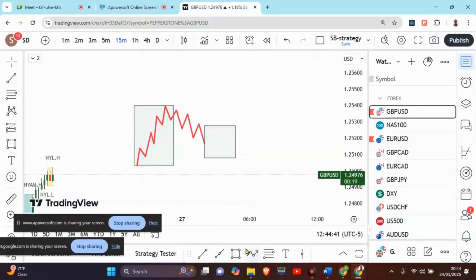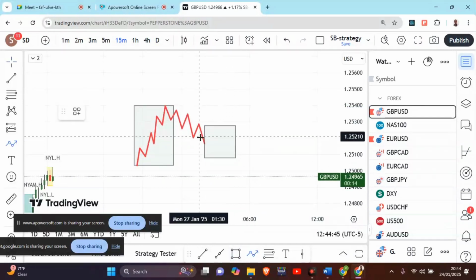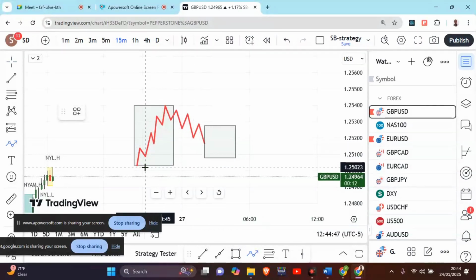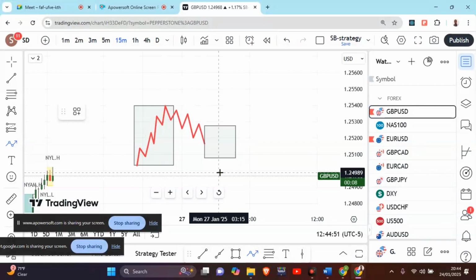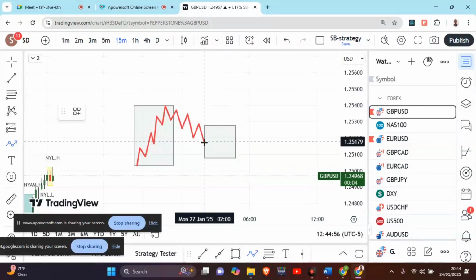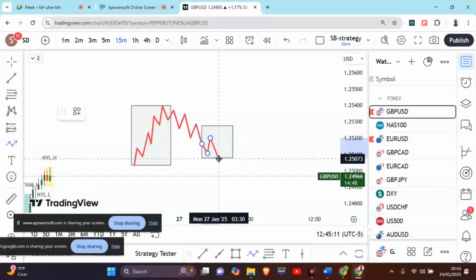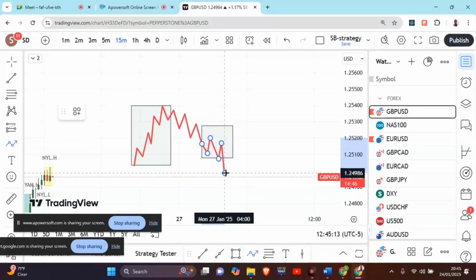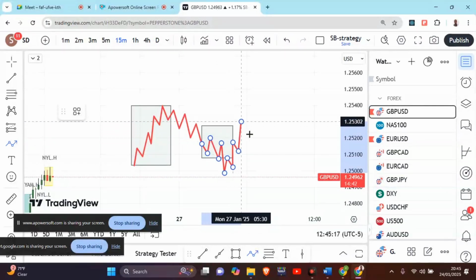And then the London session opens, and two things are likely to happen here. Either price is likely to come down, sweep the Asia low, and then we reverse and start going up, change momentum.